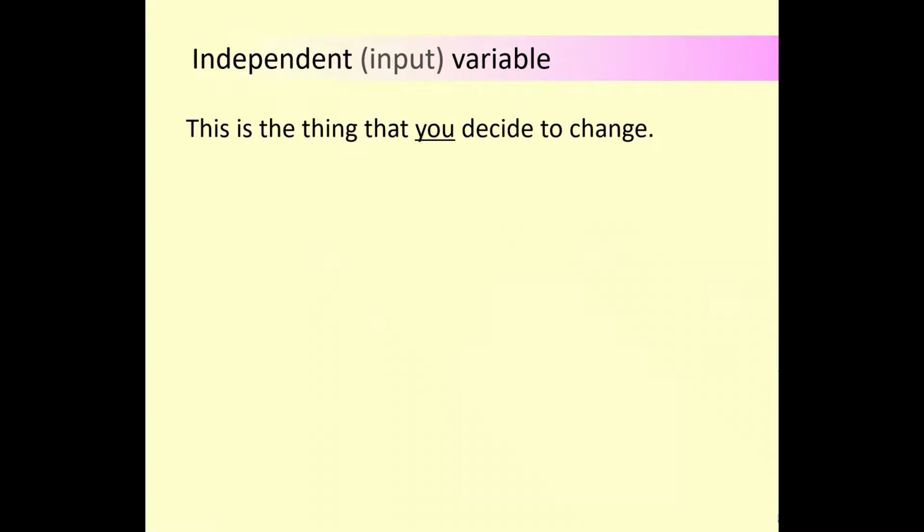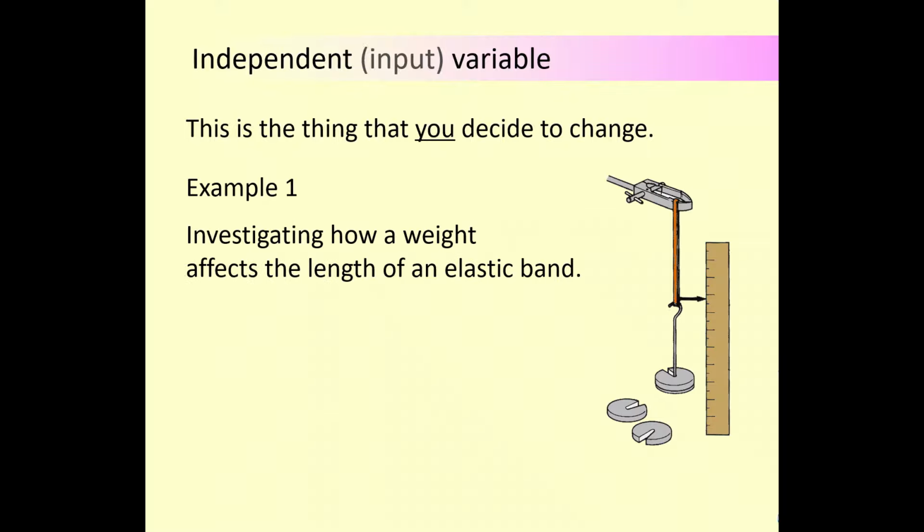Control variable is also called constant. Independent variable is the variable which you can change during your investigation. In this picture you see an elastic band can be seen on this hook, and there's a scale where we are measuring the length of elastic band when we put weight on this hook connected with the elastic band.